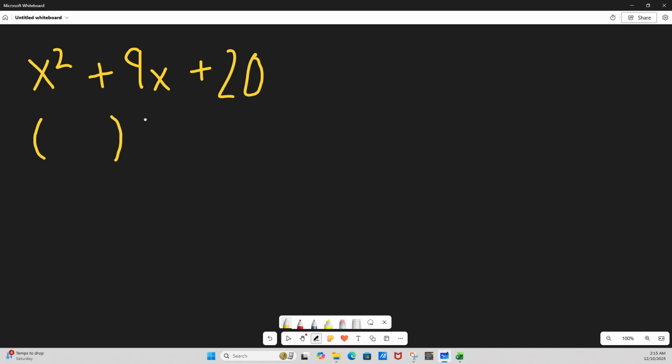So if we have a trinomial example here, like x squared plus 9x plus 20, we have to find factors that multiplied together equal basically the same area.